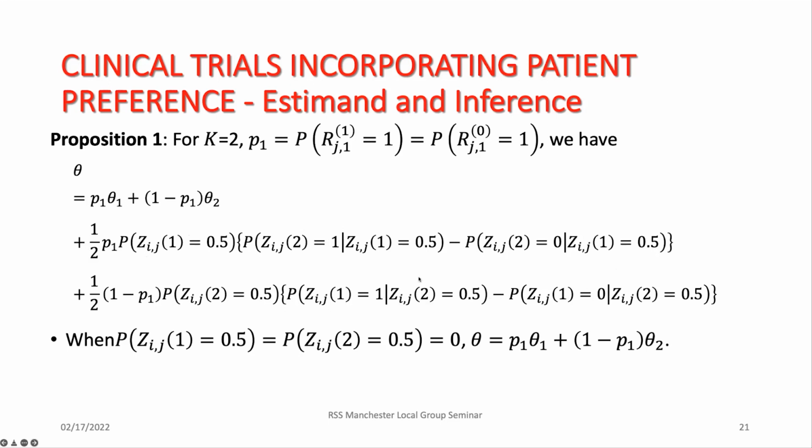Very nicely, if there's no tie, in other words if your outcome is a continuous variable, then your joint score is actually the average of the two marginal scores. This is very appealing because it shows that if there is no tie and you have continuous variables, your overall winning probability does not depend on the correlation between the first outcome and the second outcome.